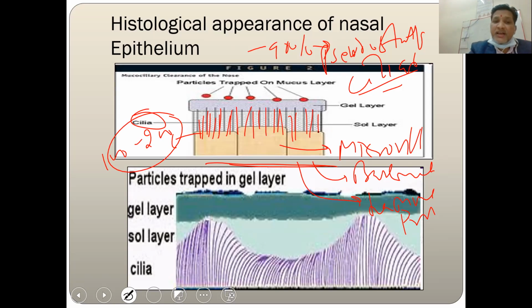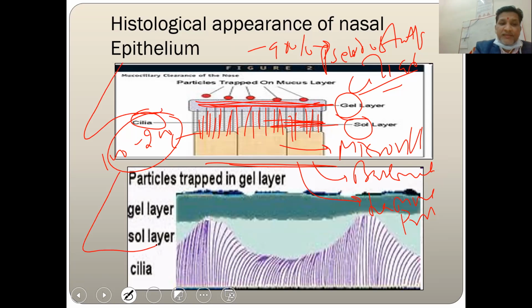And these cilia are immersed in two layers. Underneath will be the sol layer, or solution layer, and on top of it will be the gel layer. So any entrapped particle or microbe or foreign body particle or even drug gets stuck on the gel layer of the epithelium, and is transported from anterior to posterior of the nasal cavity.